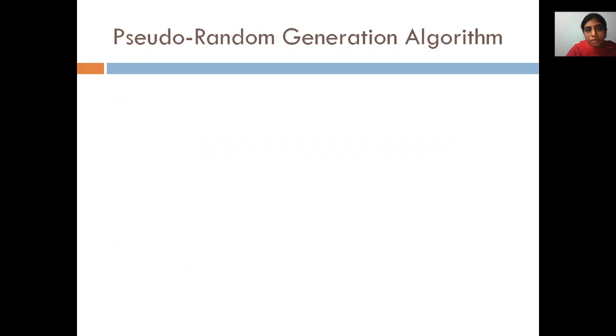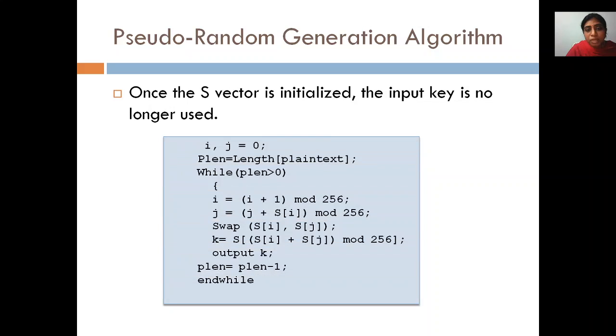Once you are done with this code, we generate the key. For generating the key, we take the S vector that has been initialized. Then we apply this code: we take the length of the plain text and continue till the length of the plain text is finished.